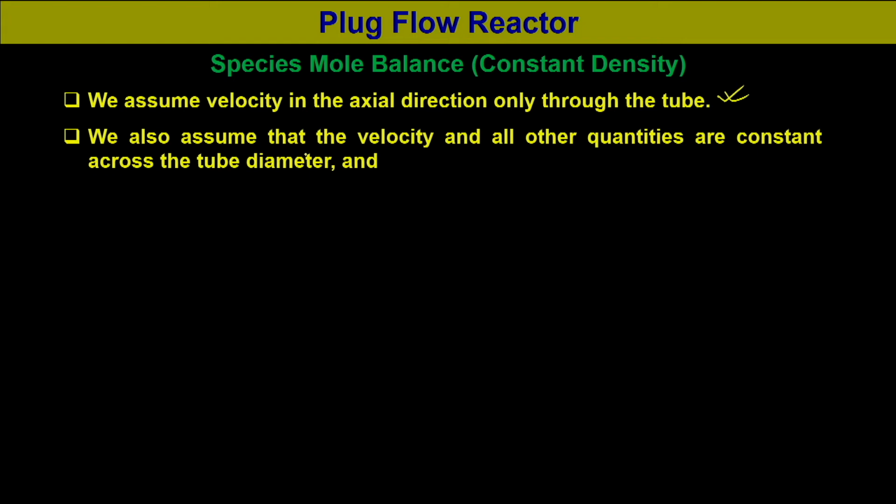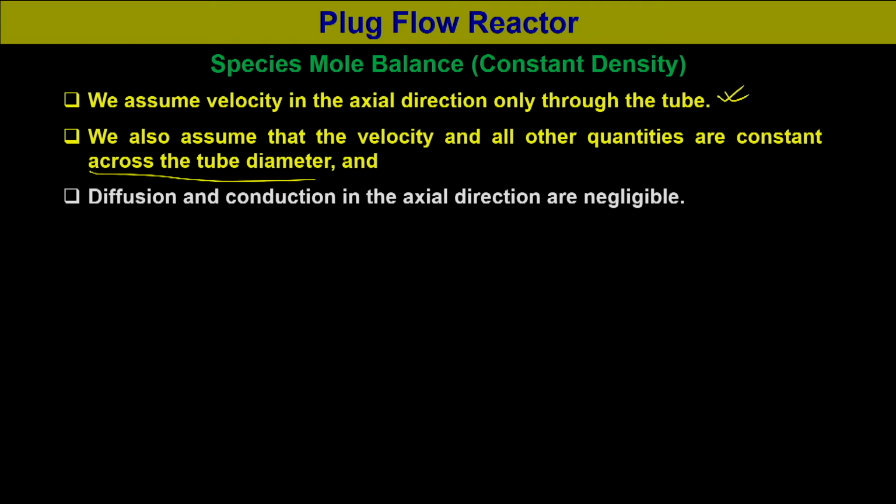We also assume that the velocity and all other quantities are constant across the tube diameter and diffusion and conduction in the axial direction are negligible. So, there is negligible diffusion and conduction in the axial direction.